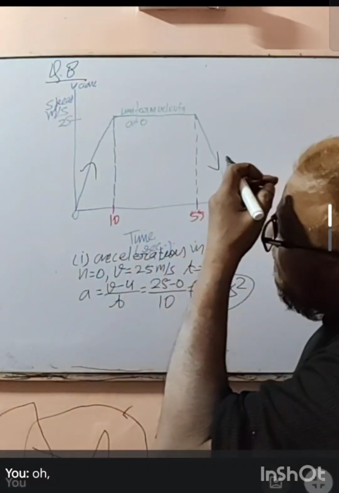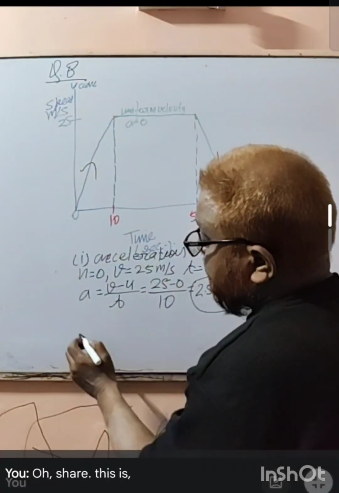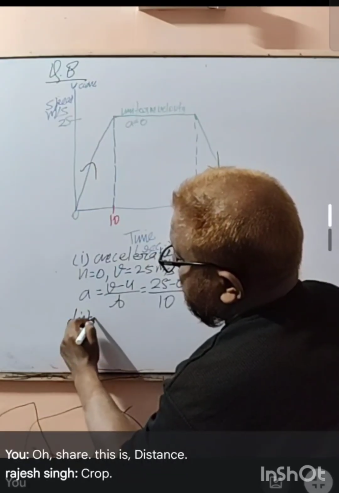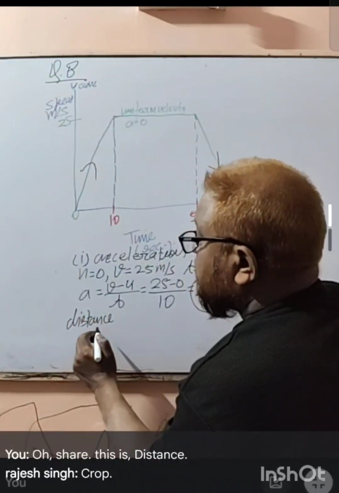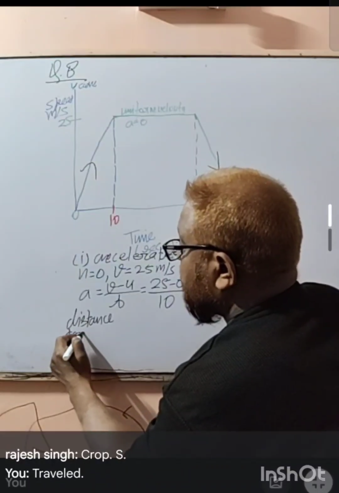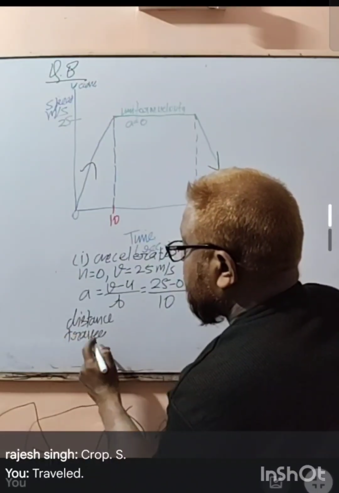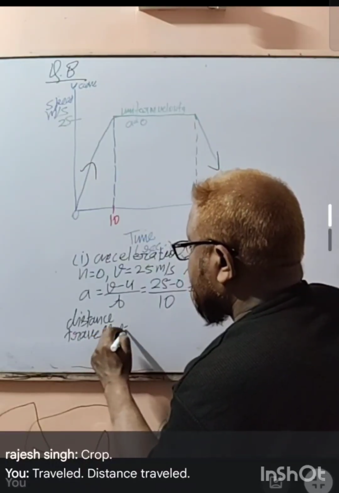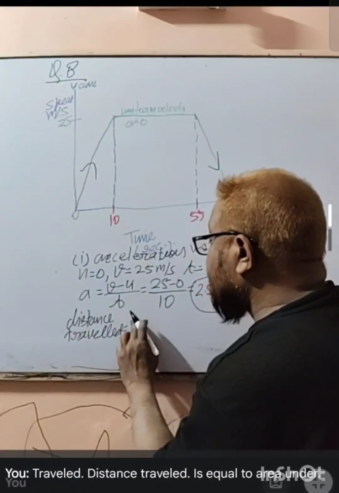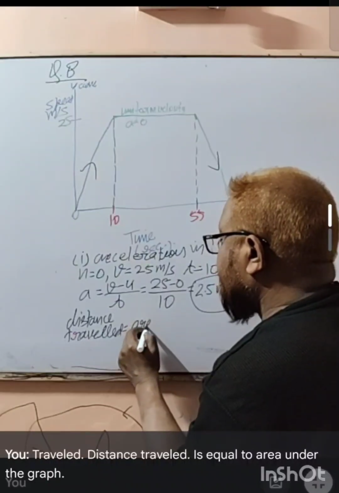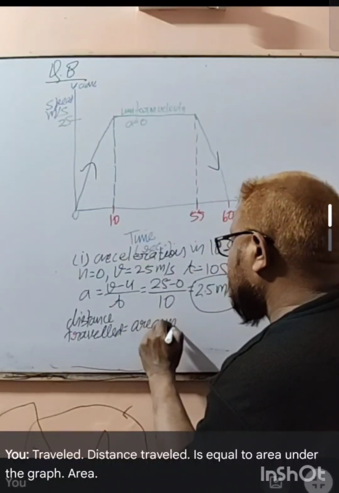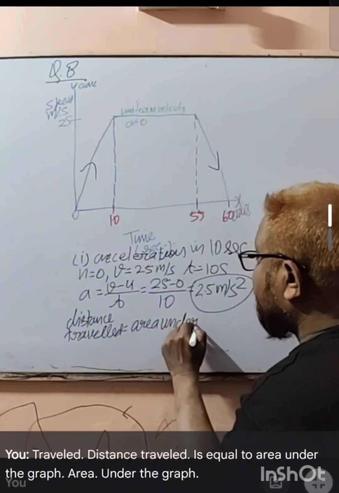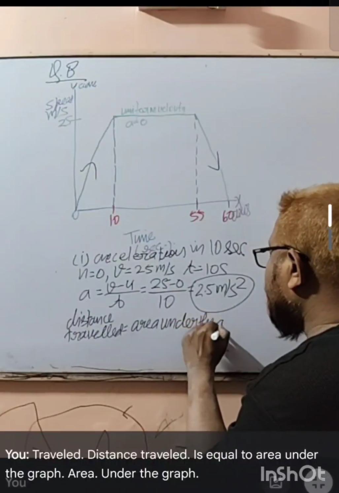So, Shreya, distance traveled is equal to area under the graph.